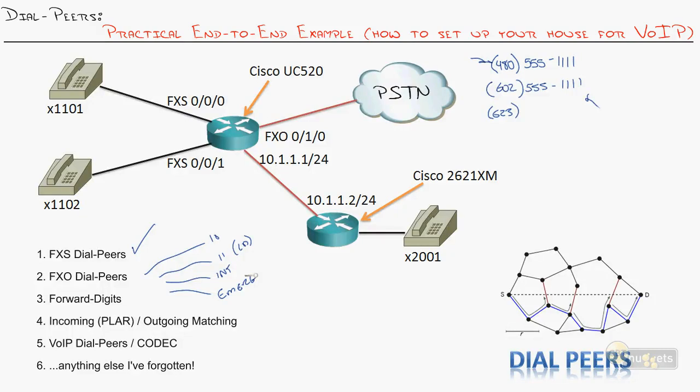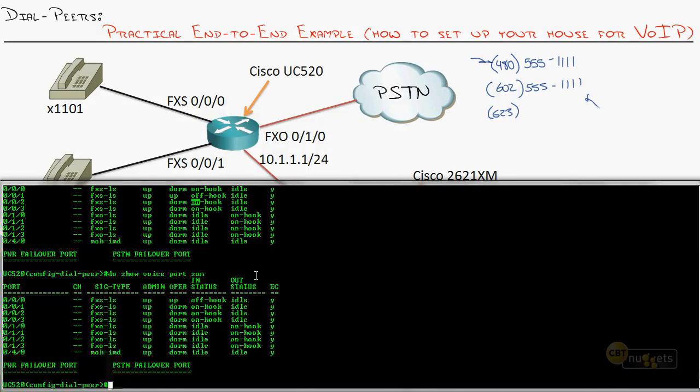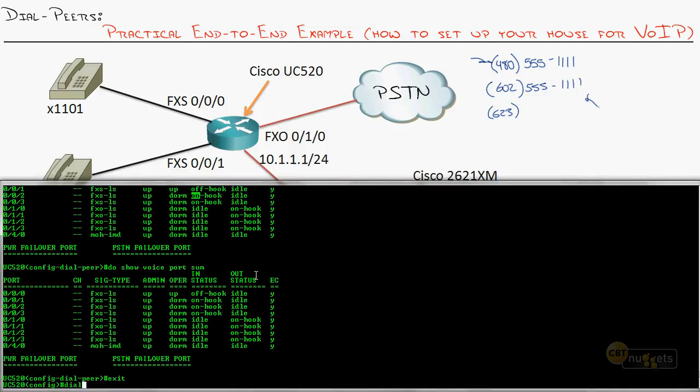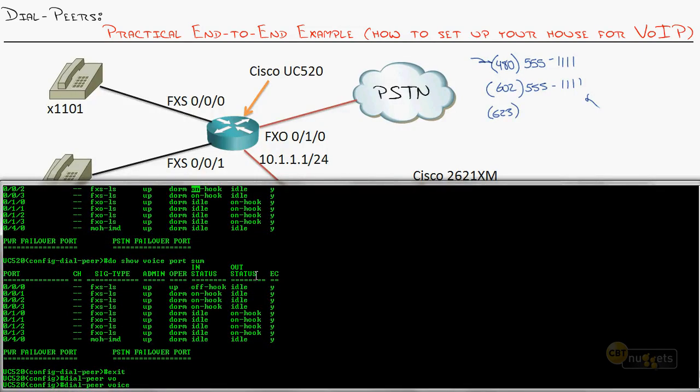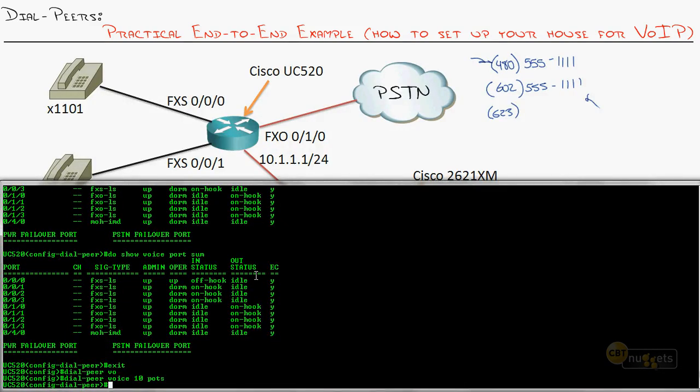So I'm going to go on to the router, and let's exit back out here. And I'm going to type in dial-peer. I've got a couple of them, 1101 and 1102 right now. So we'll do dial-peer voice, and this is where it can get a little random. Maybe I'll say 10 will be my first dial peer, POTS, because I'm going out an FXO connection.